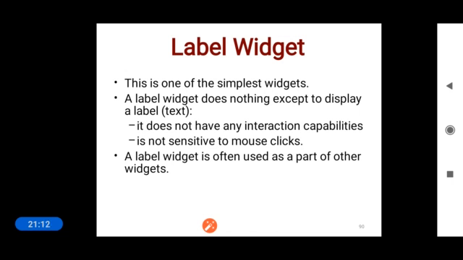But whenever you do the same task on the label widget, nothing happens. That is, it is insensitive to the mouse click. Simply, it's nothing but a text region where it will allow you to enter some text, and it does not perform any kind of interaction.